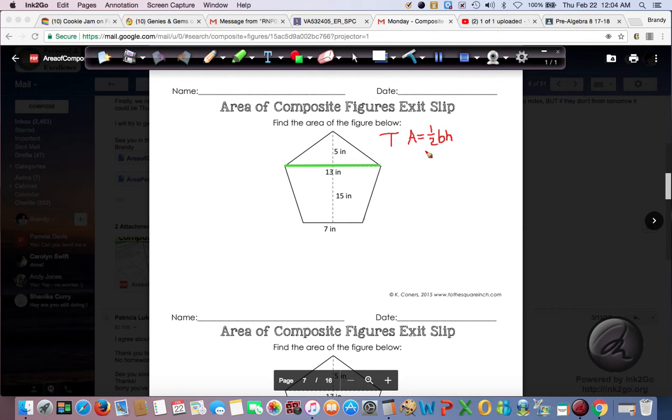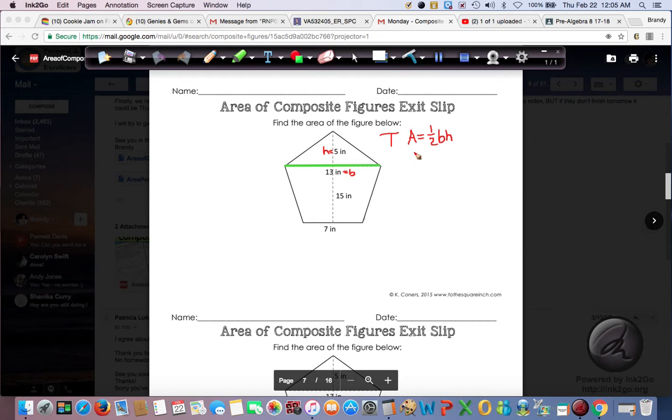So step 1 is formula, step 2 is label. What is my base? Your base of the triangle is this 13. That's the entire length down here. Your height has to be the vertical line, the line that goes straight up and down. That's your height. And that for this piece is 5.